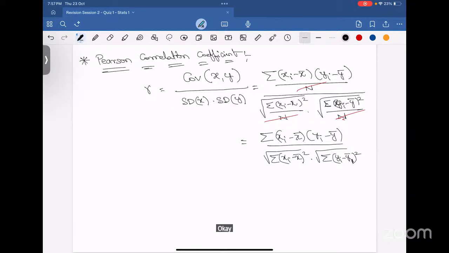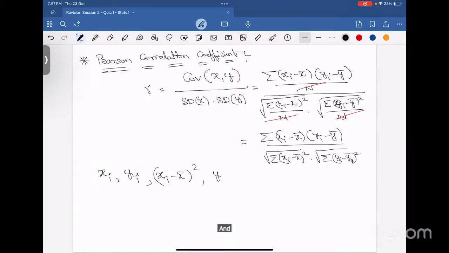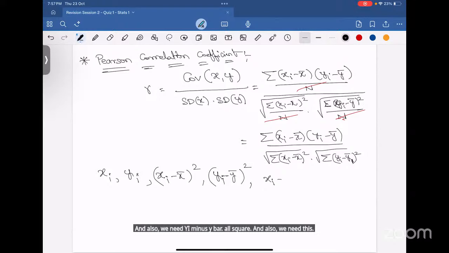So for computing this correlation coefficient, we need many things, not only xi, yi. We need the deviations, and xi minus x bar whole square, which comes from computing the variance of the first variable. And also we need yi minus y bar whole square. And also we need xi minus x bar into yi minus y bar.